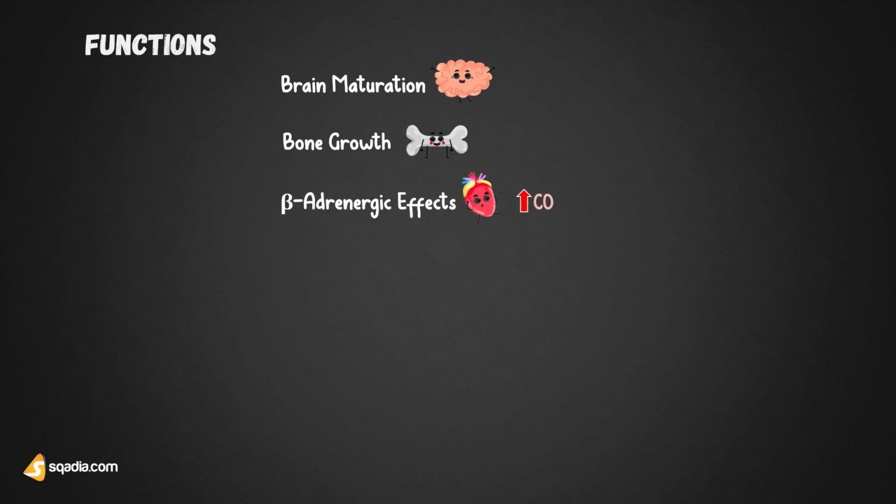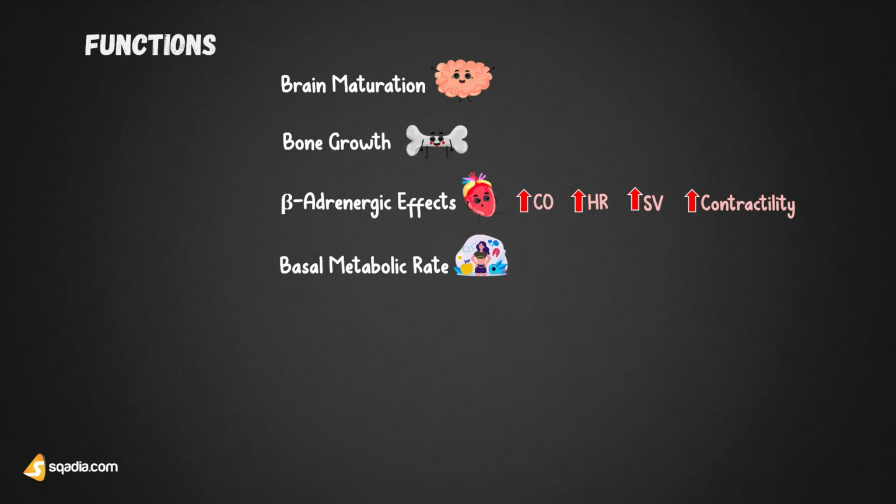That includes an increase in beta-1 receptors in the heart, which leads to increased cardiac output, heart rate, stroke volume, and contractility. Basal metabolic rate. Well, metabolic rate is increased via sodium-potassium ATPase, which leads to more oxygen consumption, respiratory rate, and body temperature.